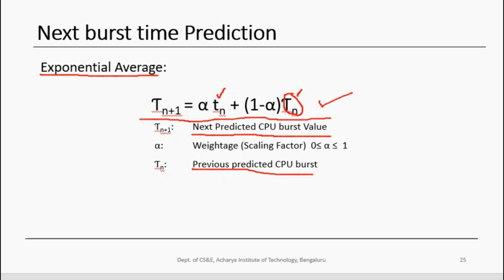Okay, and alpha is called the scaling factor or weightage, which varies from 0 to 1.